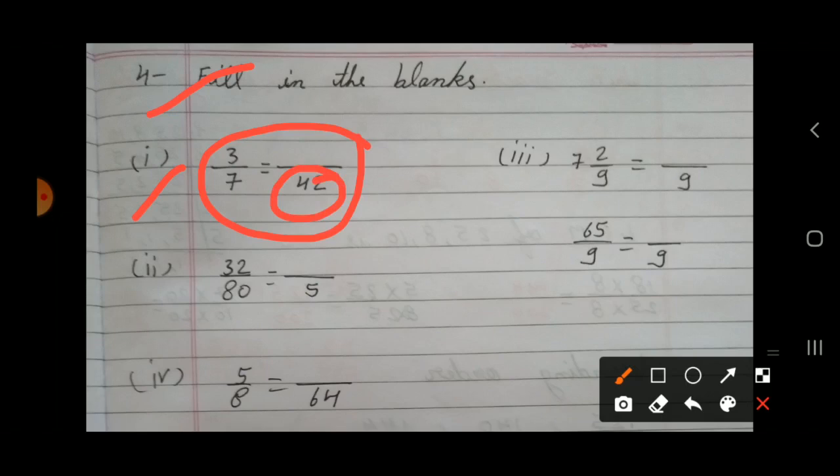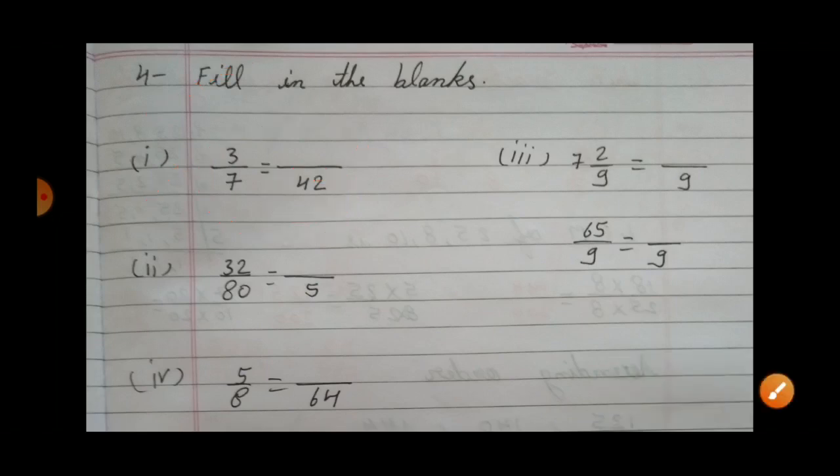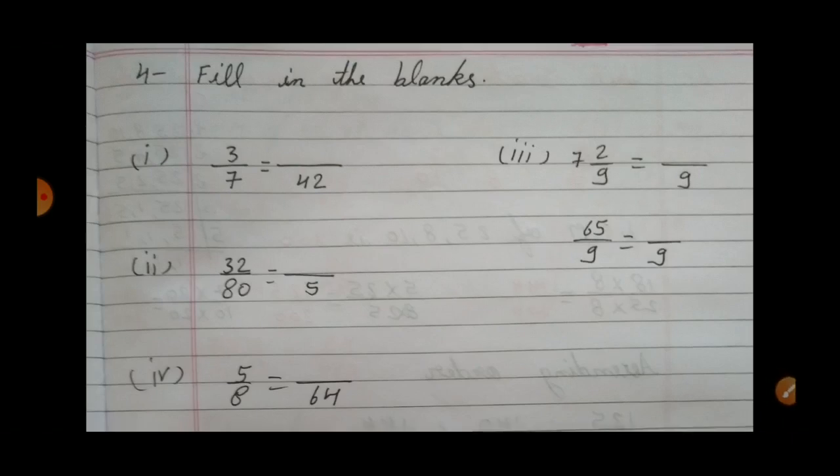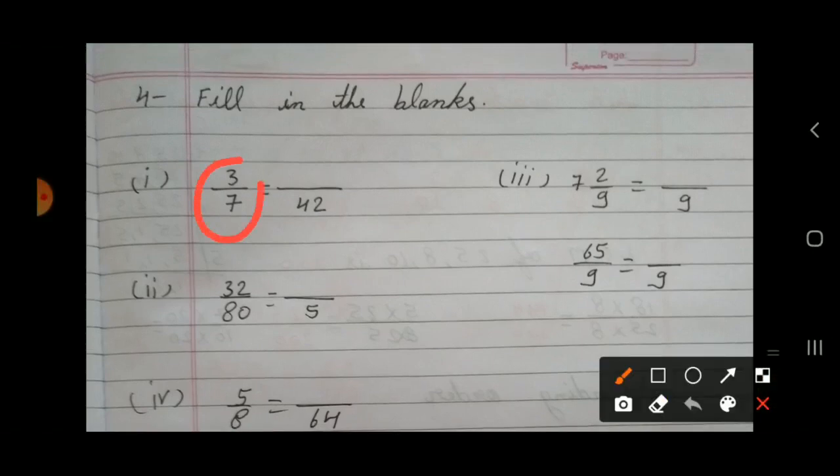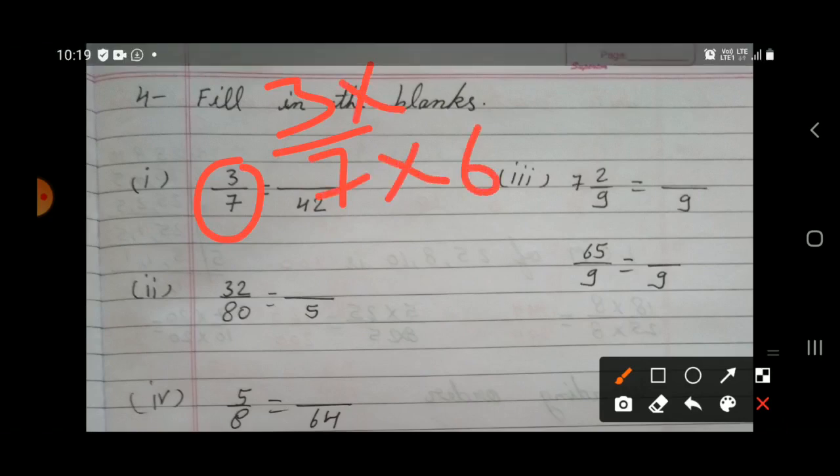It means 7 multiplied by 6, we are getting 42. This 6 also we have to take in multiplication with this numerator 3. So 3 upon 7, 3 multiplied by 6, 7 multiplied by 6.